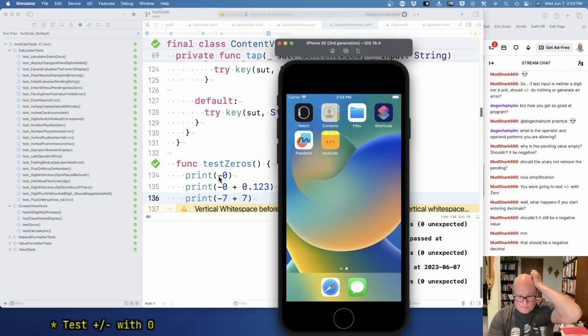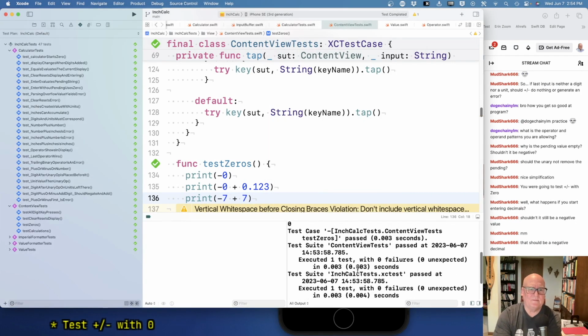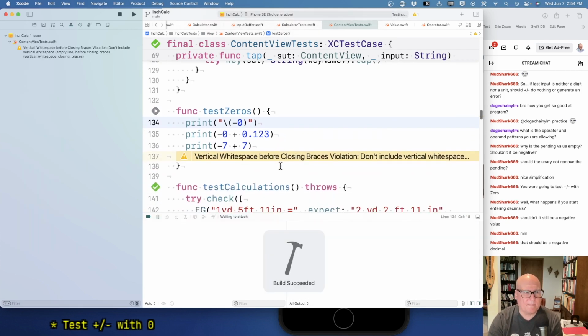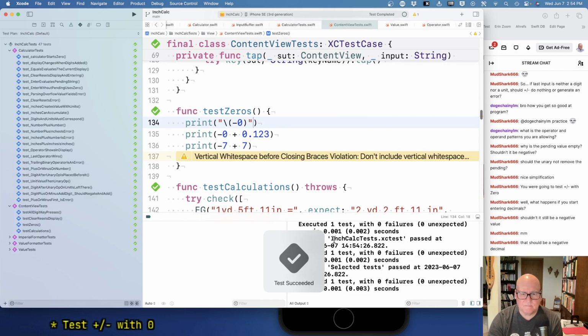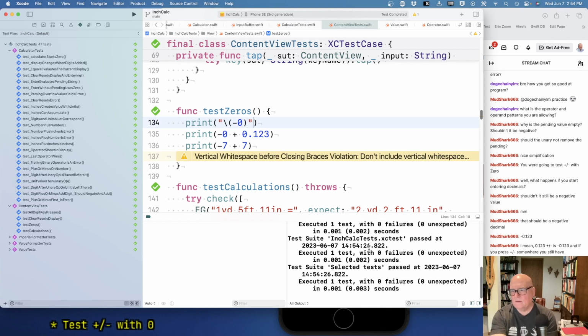Maybe print is more forgiving. Let's do this. -0. Like that.